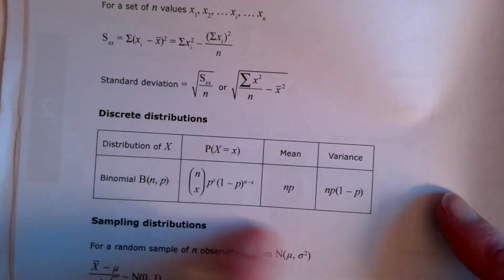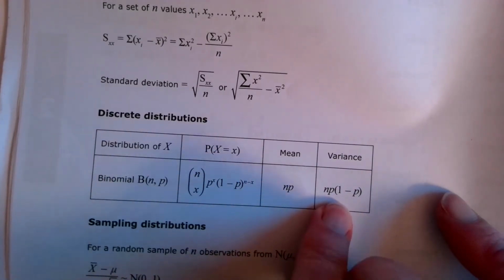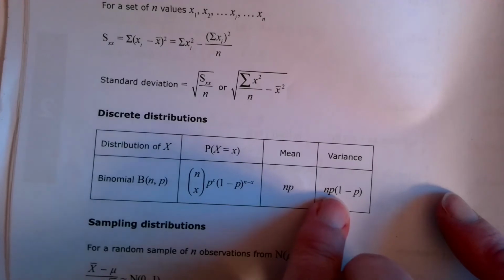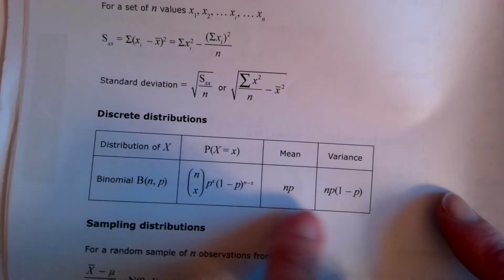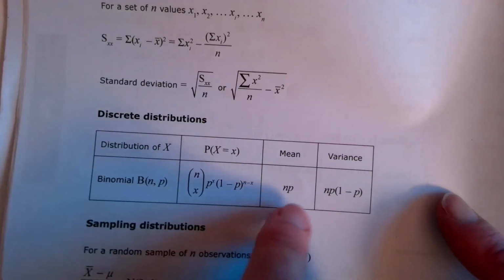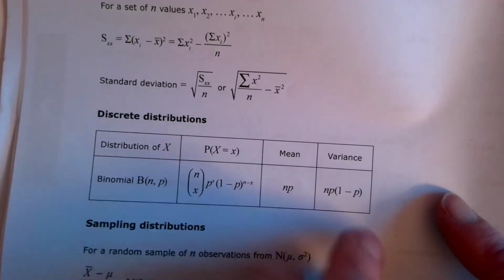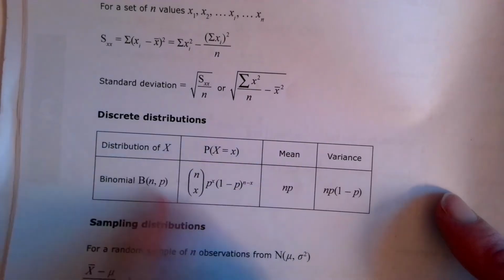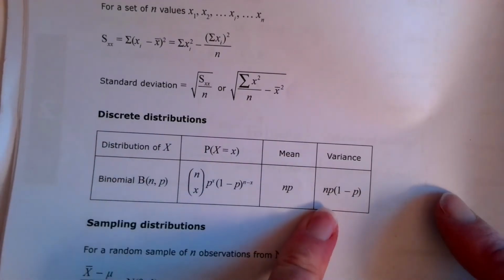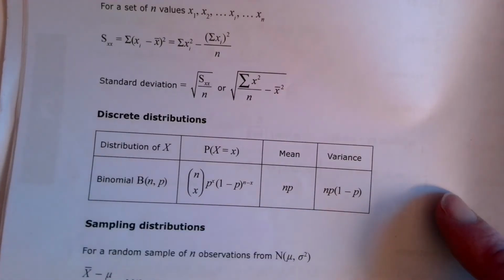Check on here to the binomial, and it tells you here that the variance is np times 1 minus p in brackets, and that the mean is n times p. And it gives you a way that you can do your binomial as well. So that's handy to have. So that can remind you how to get from the binomial to the normal.